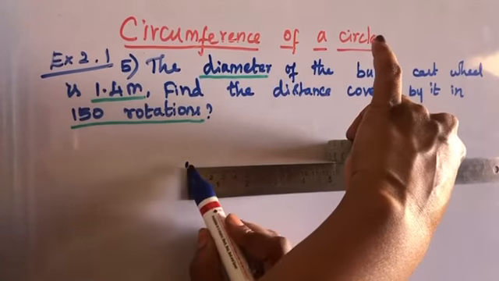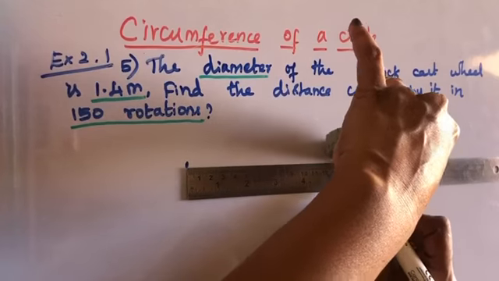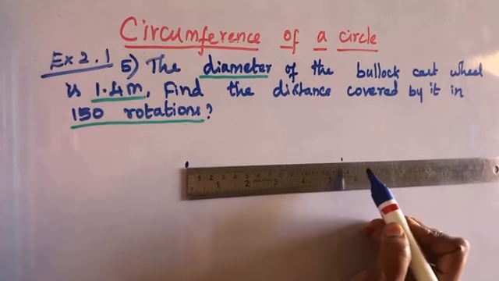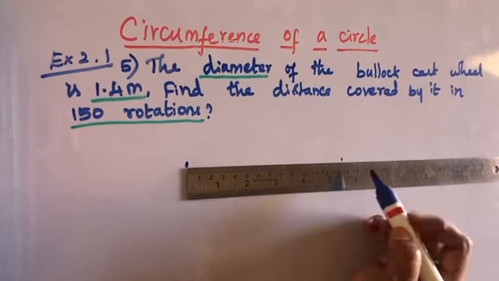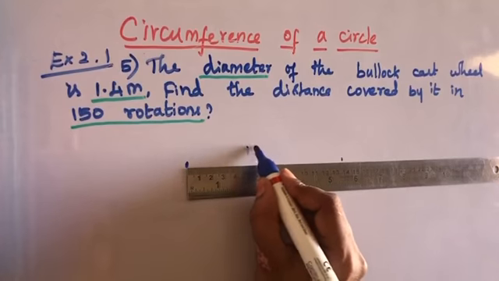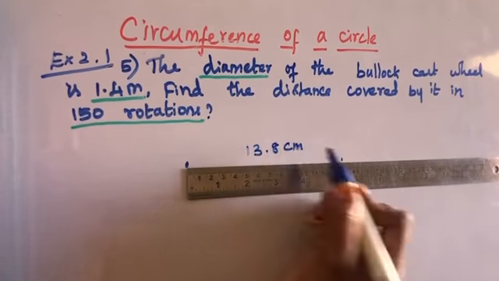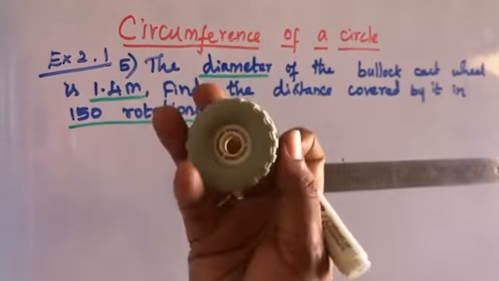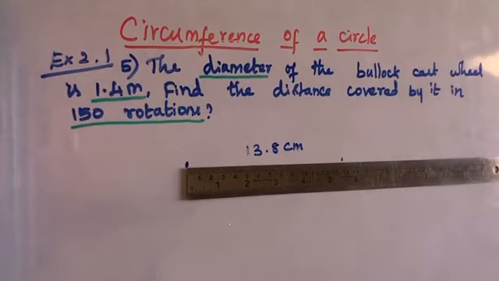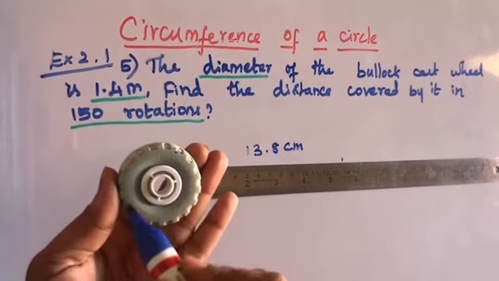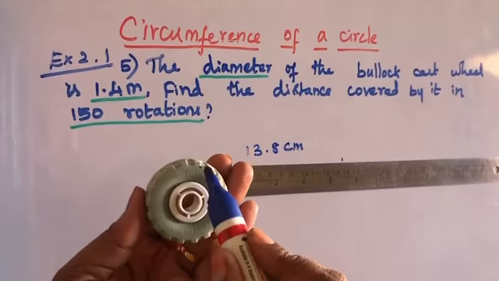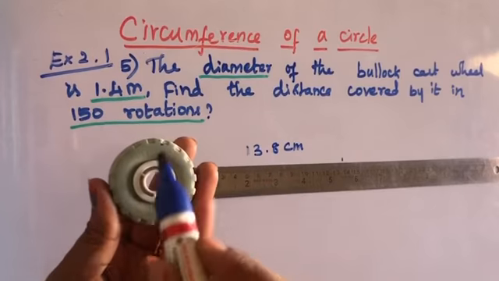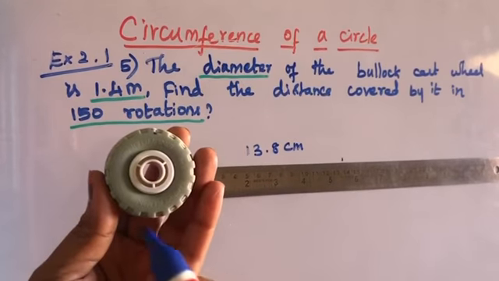With this point I start here, and now with one full rotation, it is here. It is almost 14 centimeters, that is 13.8 centimeter. With this wheel, in one rotation it covered 13.8 centimeters. So what is this distance? While rotating, with one full rotation it covered some distance, and it is 13.8, and that is the circumference of the circle.